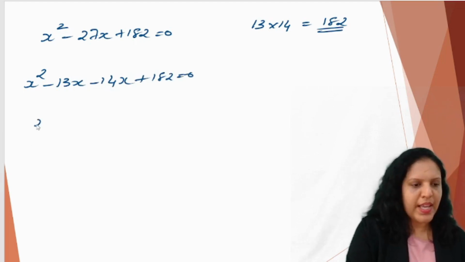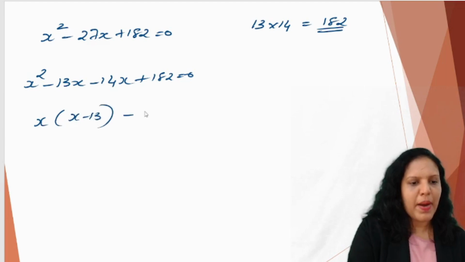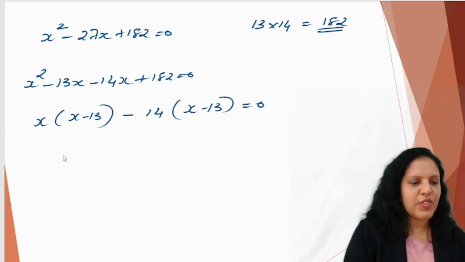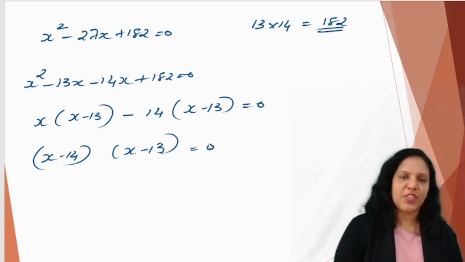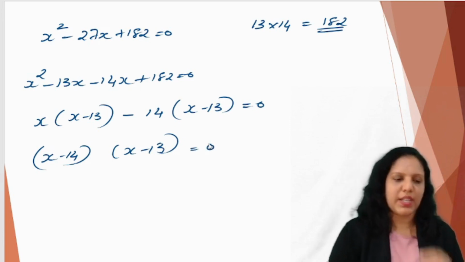So that will be x multiplied by x minus 13 minus 14 multiplied by x minus 13. Correct? So that will be x minus 14 multiplied by x minus 13 equals 0. So now we converted the quadratic equation as a product of two linear factors.